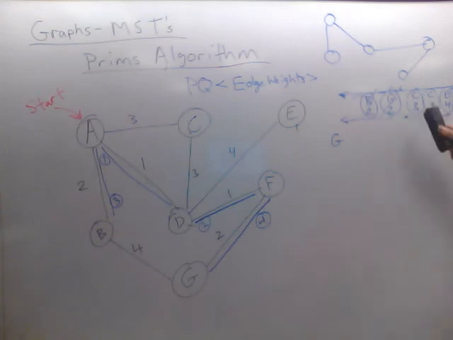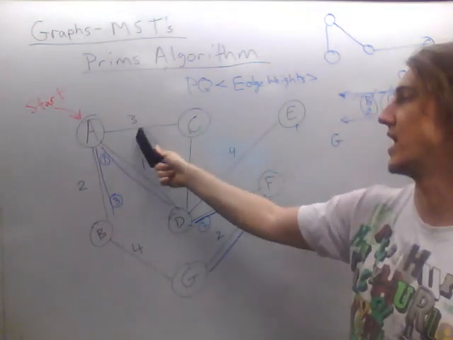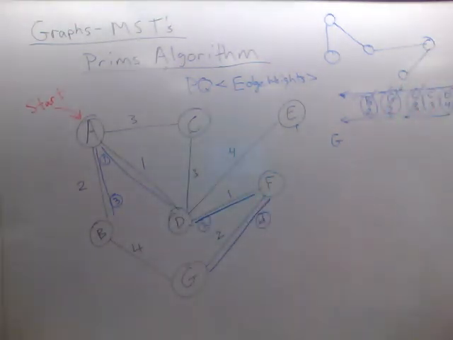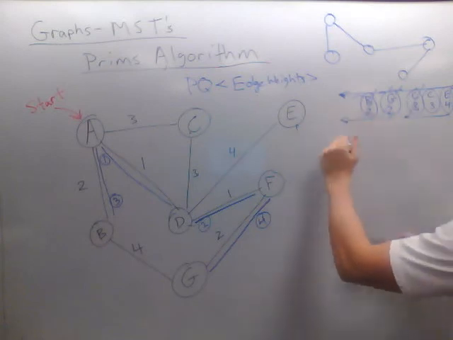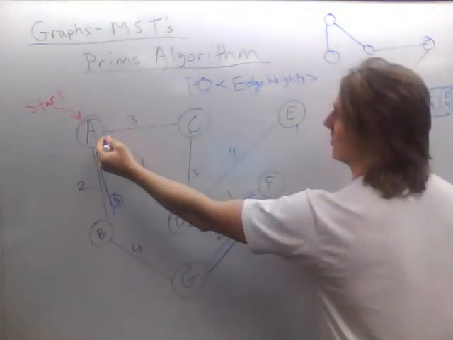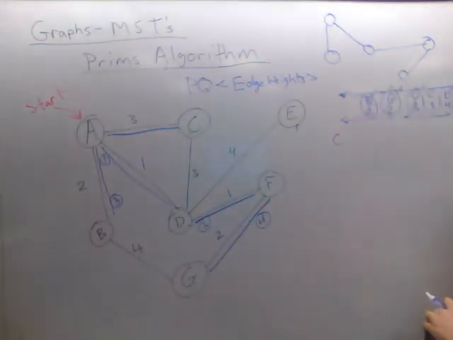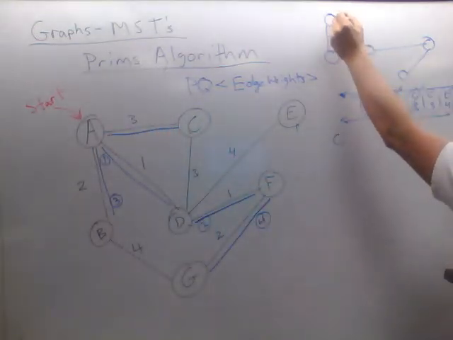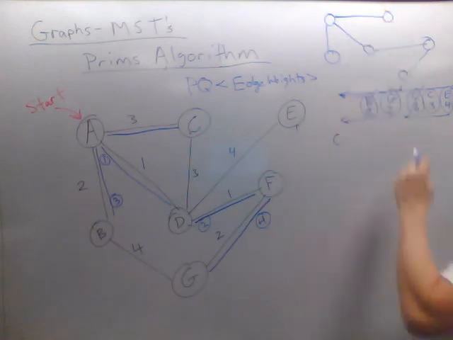So the next thing we pop out of the list is C3, and that was the edge coming from A. So we're going to select this edge here. So we can add C to our tree. Now we have to add all the neighbors.